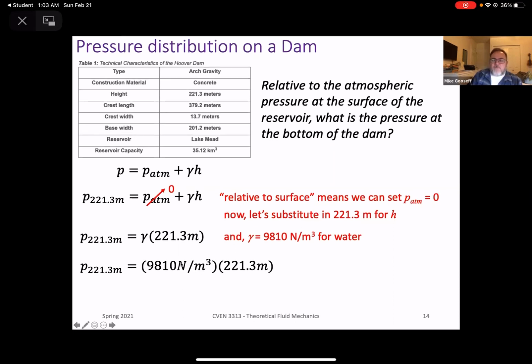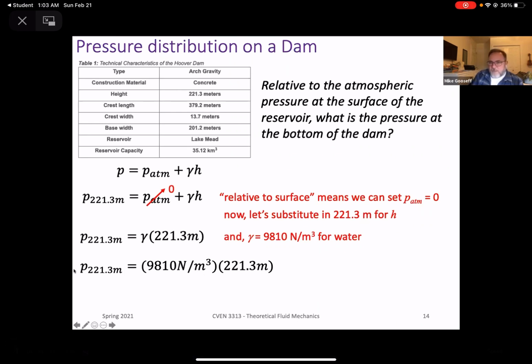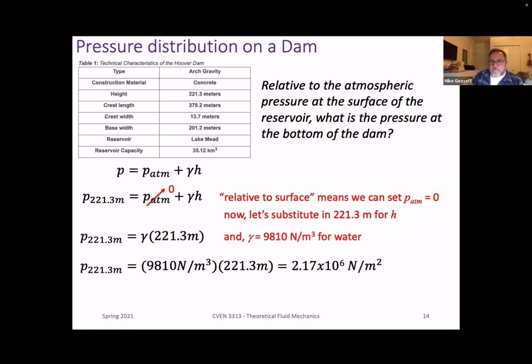And I will get a force per area, which is exactly what a pressure should be. So if I was concerned, I could at least do that quick unit analysis, or dimensional analysis. In this case, I've already turned the dimensions into units, but I could go through that and just make sure that I'm on the right path. So this comes out to 2.17 times 10 to the 6 newtons per meter squared, and newtons per meter squared is also known as a Pascal. So we could write this as 2.17 times 10 to the 6 pascals. All right.